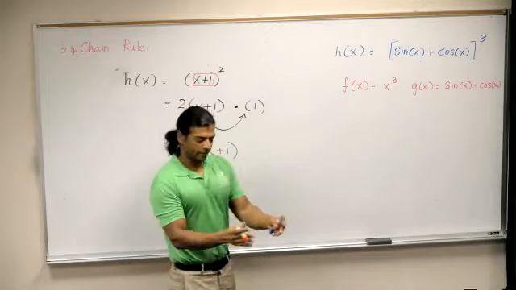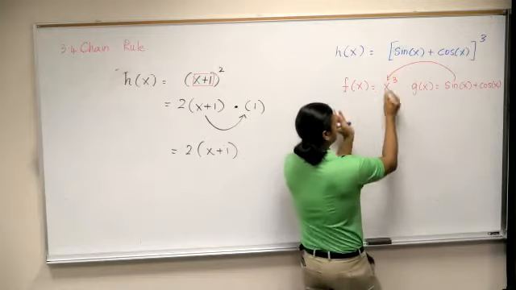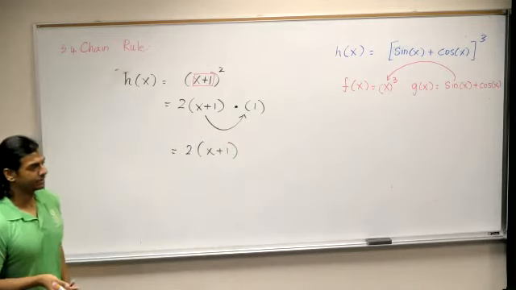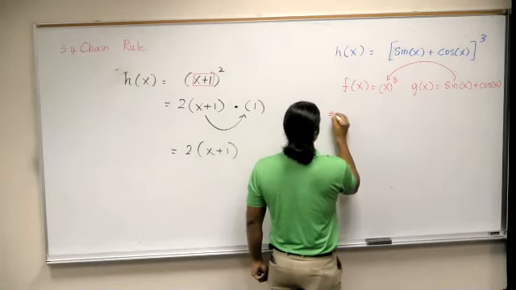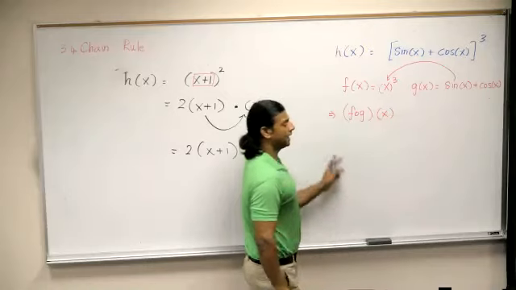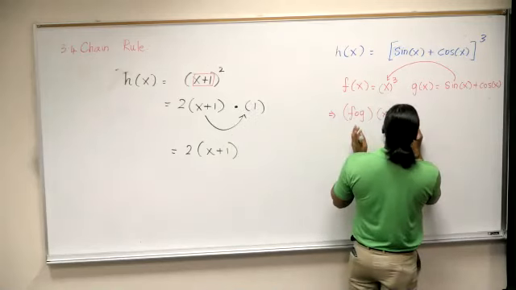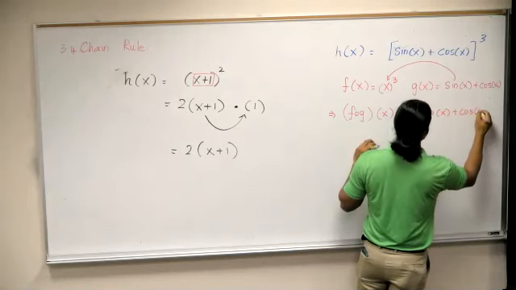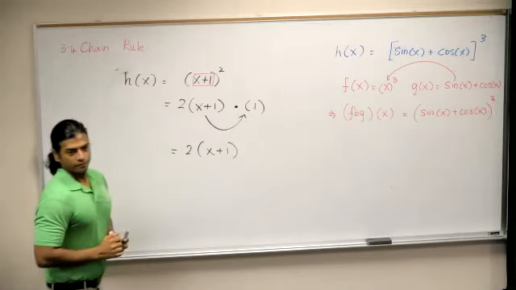When you compose, this entire function goes in, kicks that x out, and you end up getting sine x plus cosine x cubed. Correct? So f composed g of x is simply h of x, and that is sine x plus cosine x cubed. Good.